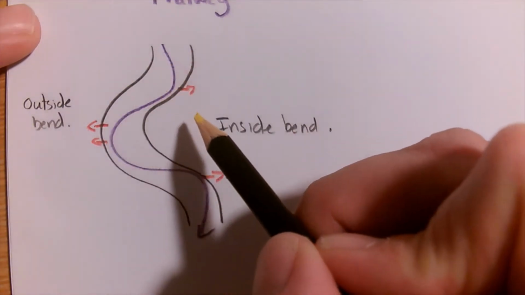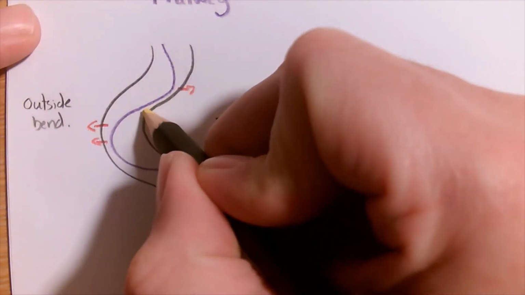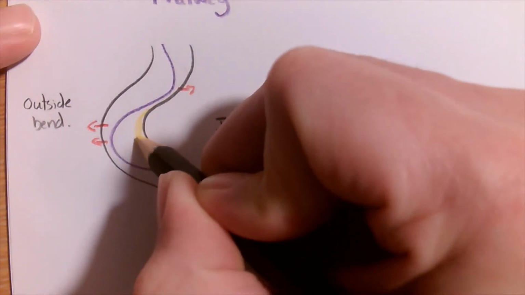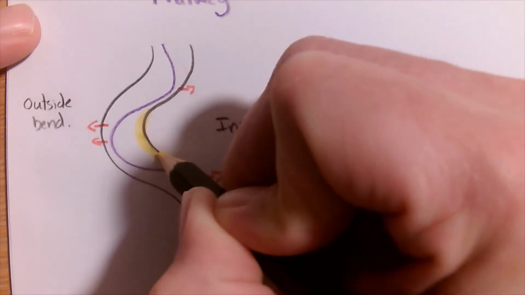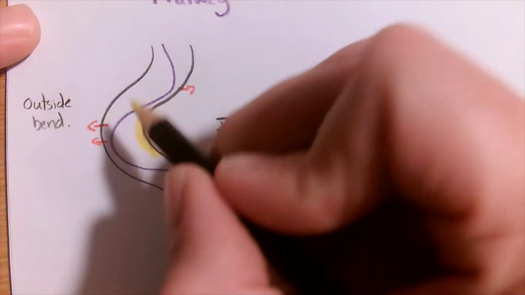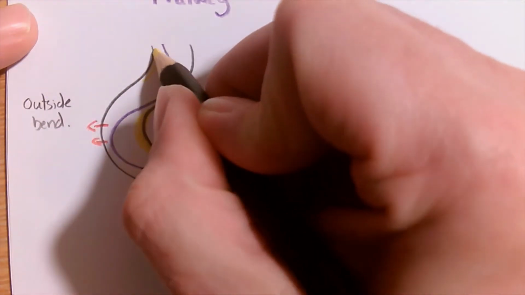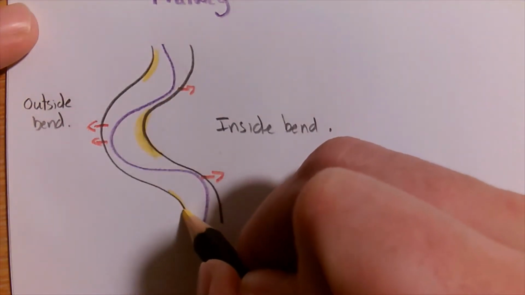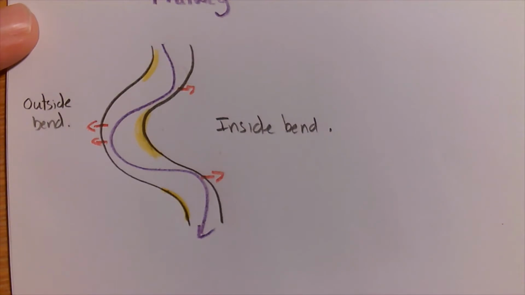Away from the thalweg, where the current is much slower, we are going to get some deposition occurring. So we will have deposition here, where the water is slow, there's low energy, and the material can no longer be transported. We would also expect to see some here and here on the inside bends of the meander.